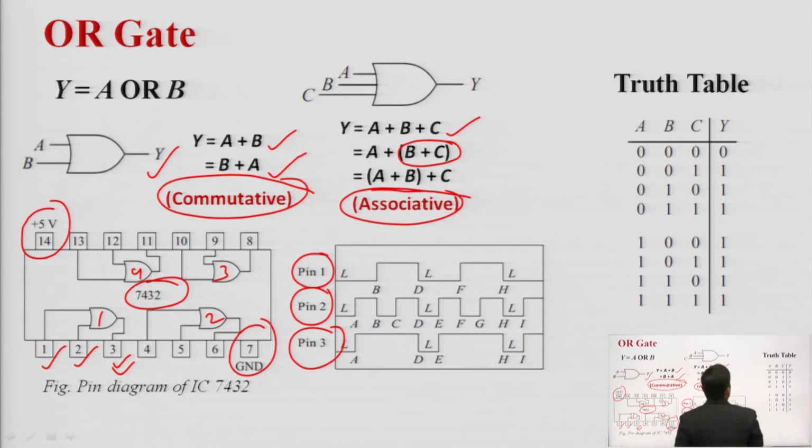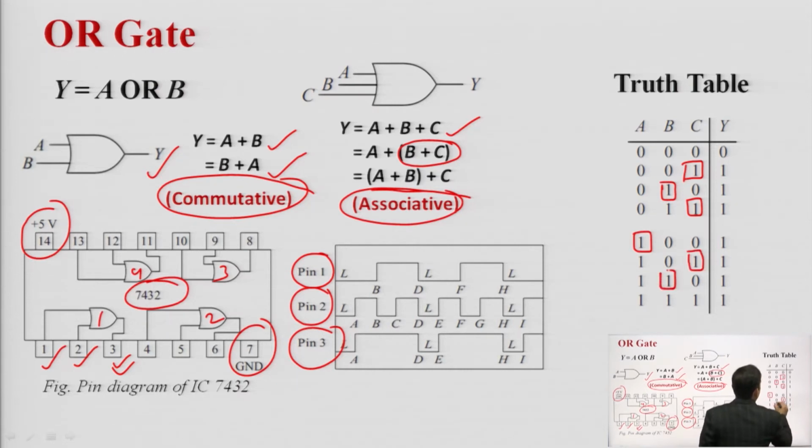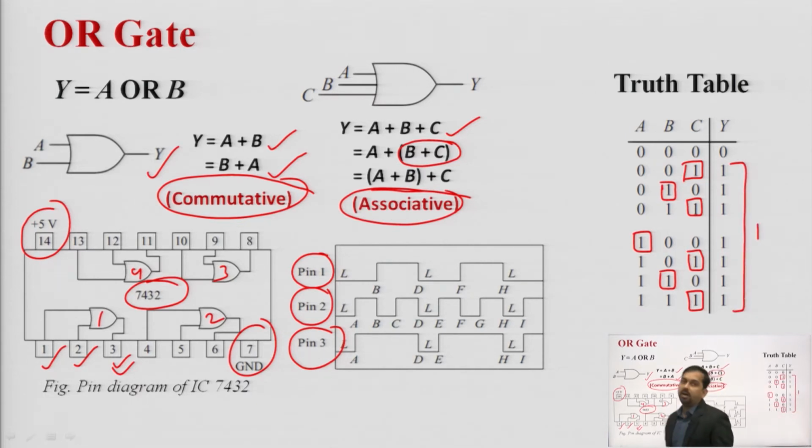Now we have this truth table. What we can say is, if any of the inputs is 1, then the output is definitely 1.